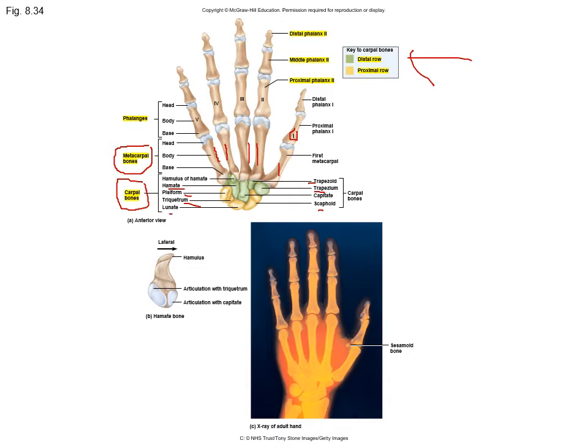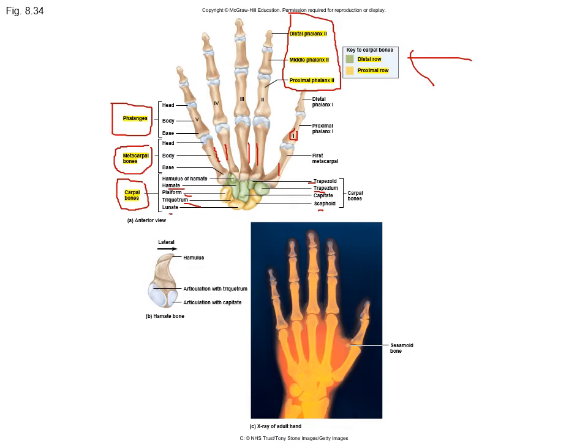Your pollex is going to be composed of 2 phalanges, where the other ones are going to be composed of 3 phalanges. Phalanges are your little bones that make up your fingers. So here you have them, phalanges. And notice how when you come to the side, you have a proximal phalange, that's the one that's closest to the body, a middle phalange, and a distal phalange.